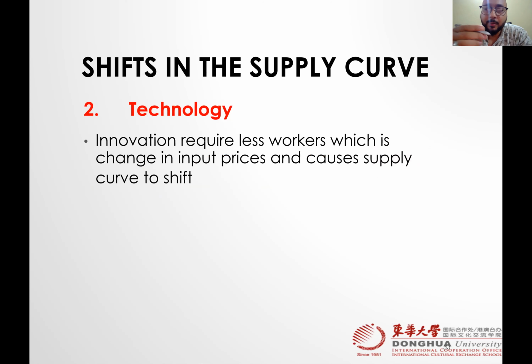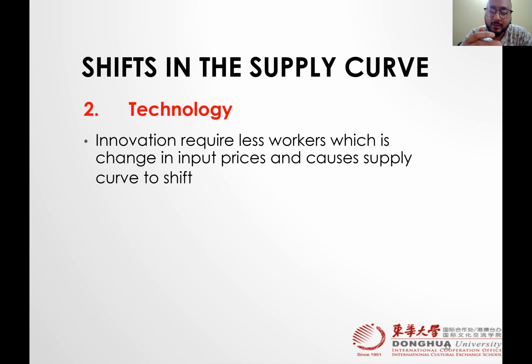Previously, my workers were producing 10 pens, but now I purchase a machine. In 1 hour, it can produce 10 pens, so in 9 hours, it can produce 90 pens, right?